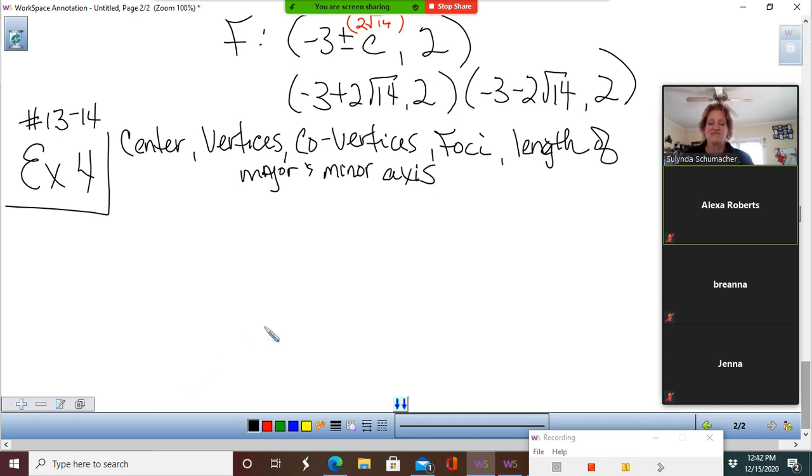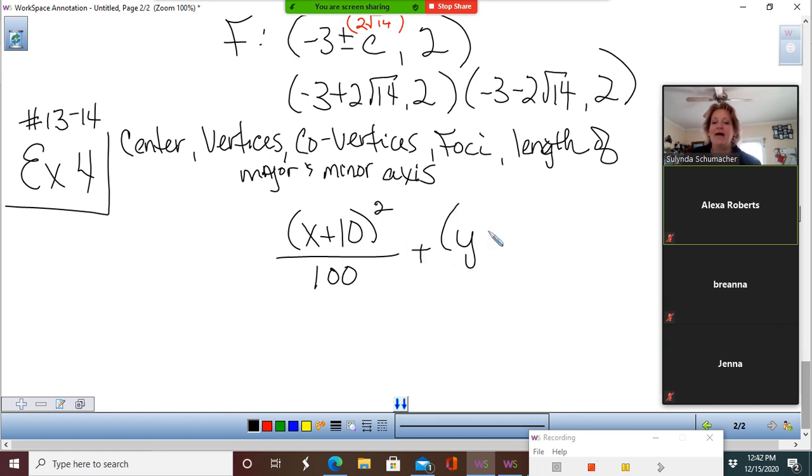So let's say I have (x + 10)² over 100 plus (y − 6)² over 36 equals 1. You can tell that this is stretched side to side, so in that table we made, we're going to use the first list.